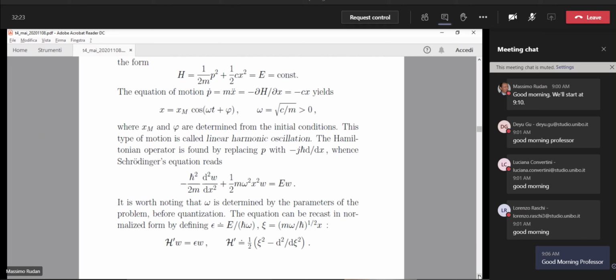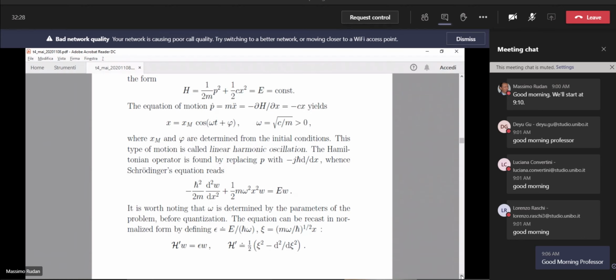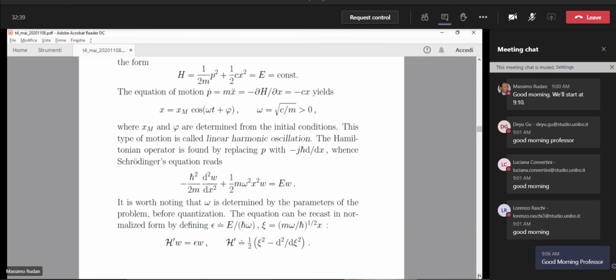So we expand it in a series in which the powers of psi appear. So we have a zero order term, a first order term, and so on and so on. And this is, of course, an infinite series.